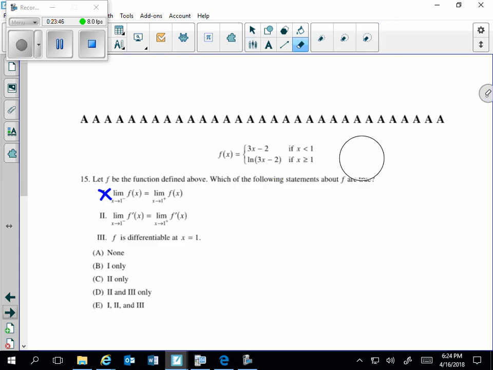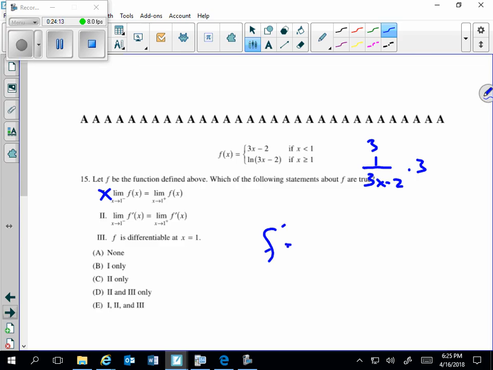Next. Number 2. The limit as x approaches 1 of the derivative of f. Let's look at that. Derivative of f. So I get 3 on top, and I get 1 over 3x minus 2 times 3 on the bottom. I'll write it out a little more organized.